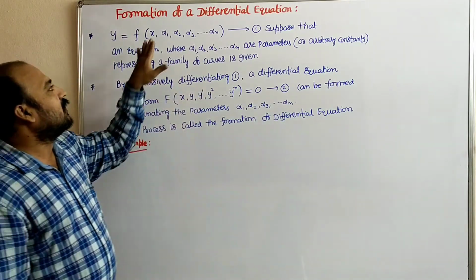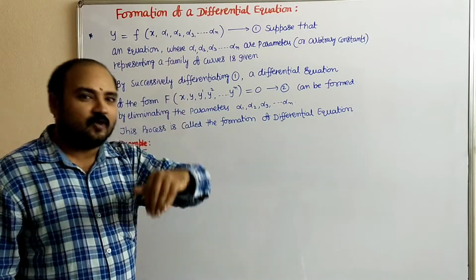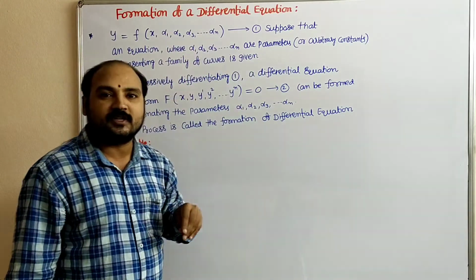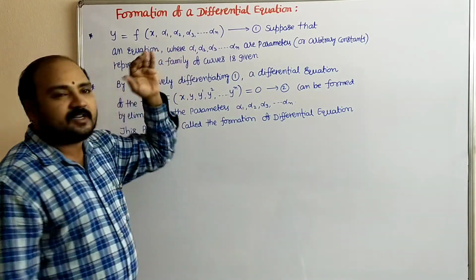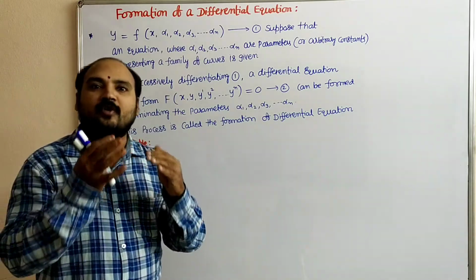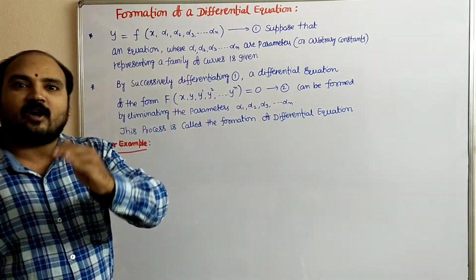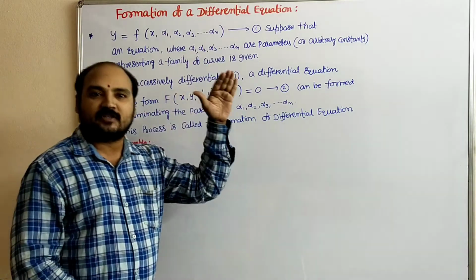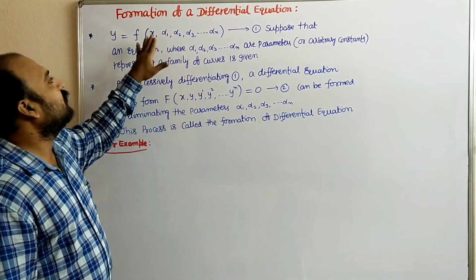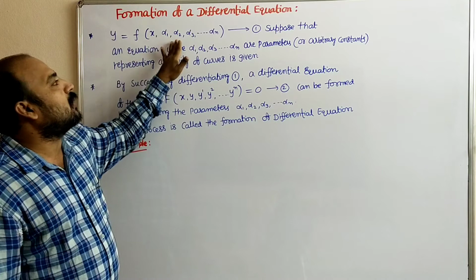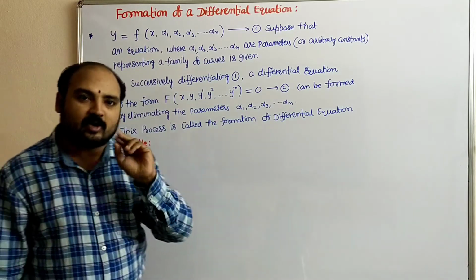How? Here alpha 1, alpha 2 and so on alpha n arbitrary constants are there. Suppose only one constant is there, one time you have to differentiate and eliminate the arbitrary constant and write the differential equation. Suppose here f of x comma alpha 1 comma alpha 2 is there, two arbitrary constants are there.